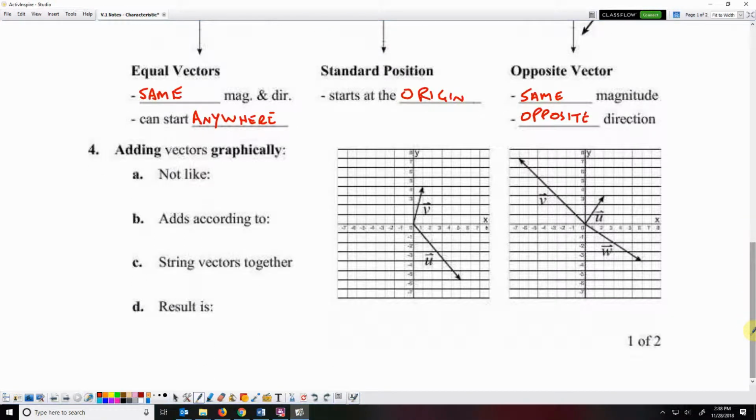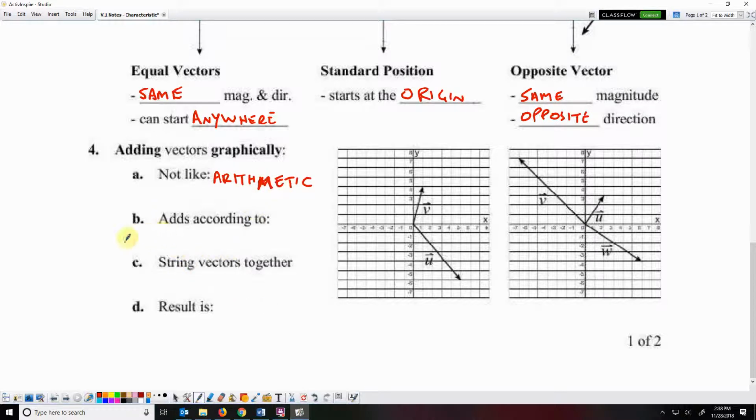We can add vectors graphically. So we've got two vectors here on a graph, and we can add those together. It is not like arithmetic. We're not adding a couple numbers. Okay, so we're not going to add their magnitudes mathematically.